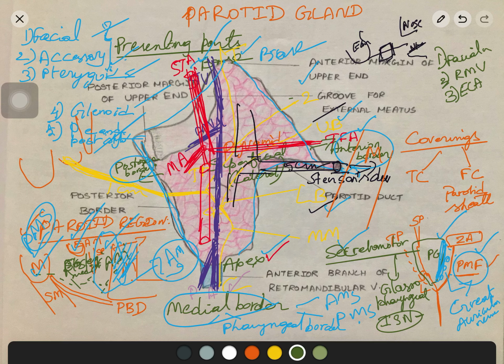The superior salivatory nucleus is present in the pons. So this is the nucleus. Then the nerve is the lesser petrosal nerve, and the ganglion is the otic ganglion. Postganglionic fibers pass through the auriculotemporal nerve, which is related to the base of the parotid gland. So that is about the secretomotor pathway.